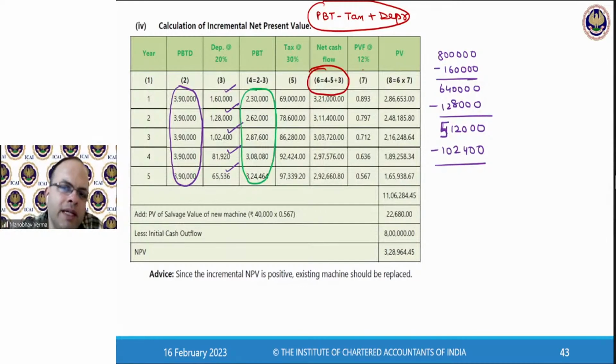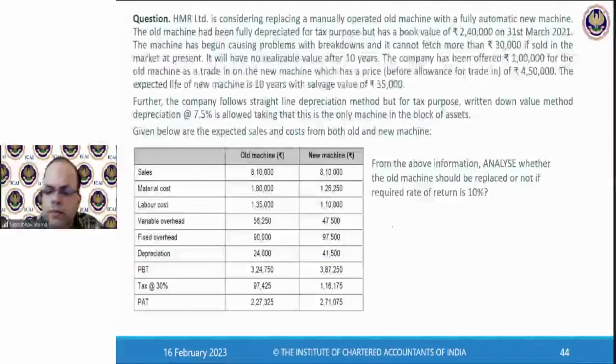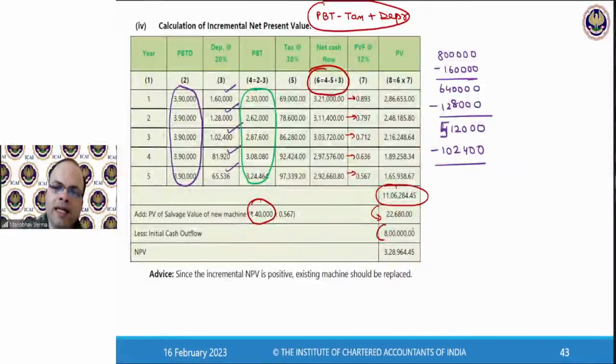And then we multiply all these net cash flows with the present value factors of 12%. And we get 11,06,000. And then, mind you, there is a salvage value of the new machine, 40,000, which also gets added here. We compare this with the initial cash outflow of 8 lakhs, and we get a positive NPV.